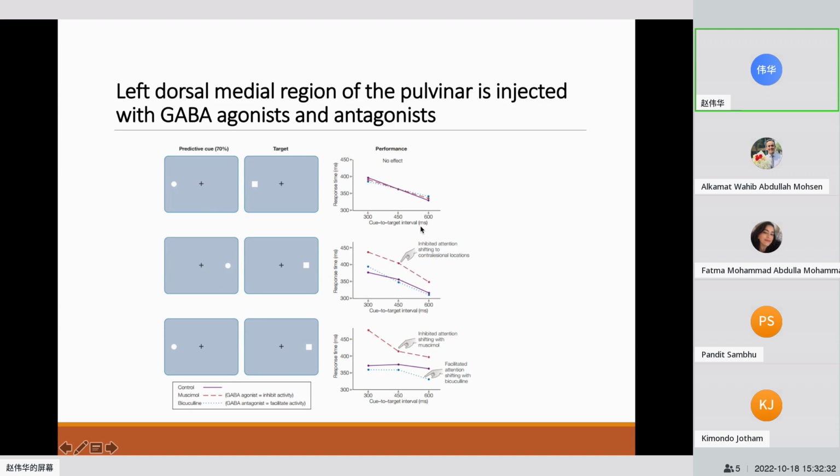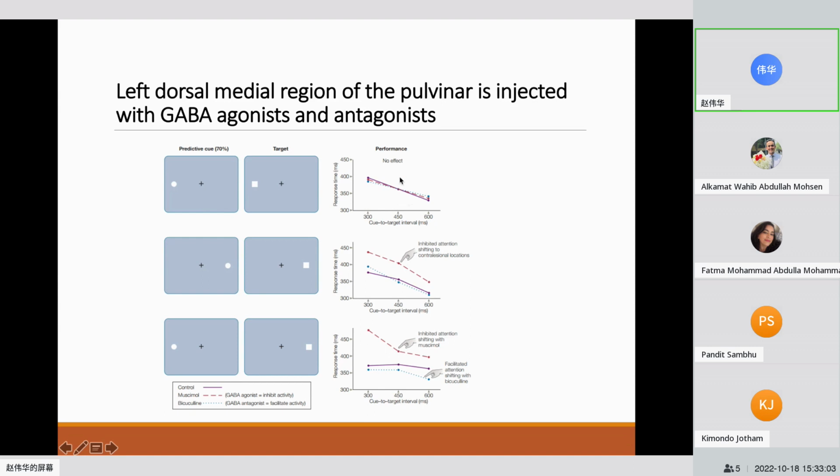So when animals had to direct attention in the ipsilateral direction, so the left frontal eye field, to the injected pulvinar, the drugs had no effect. So this one is the left frontal eye field and no drug.